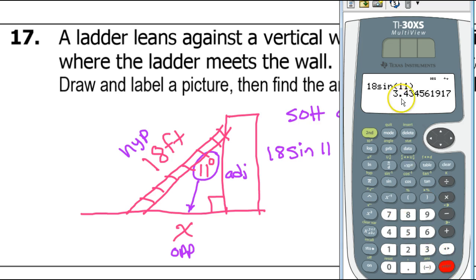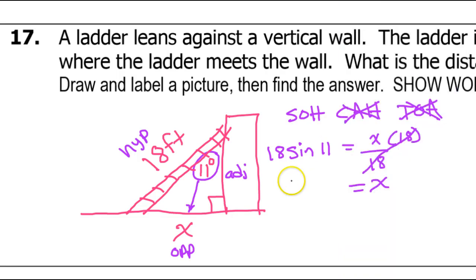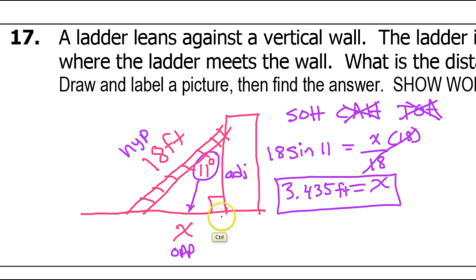So that is 3.435. Got to round up. And these are feet. So that's the distance from the base of the ladder to the wall.